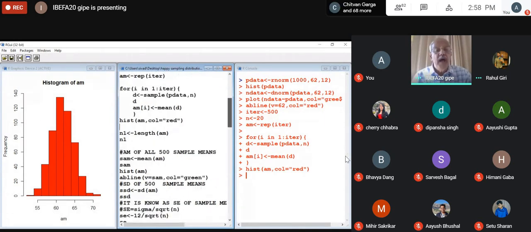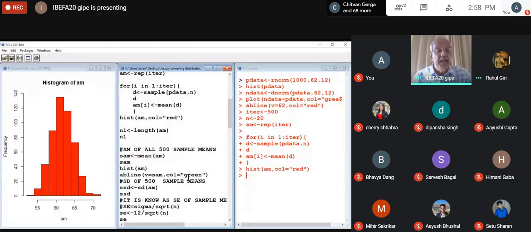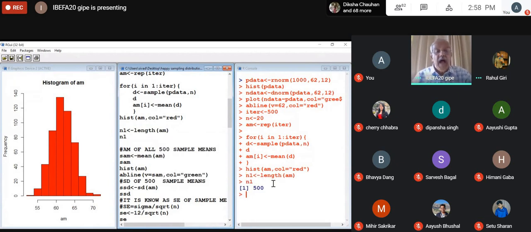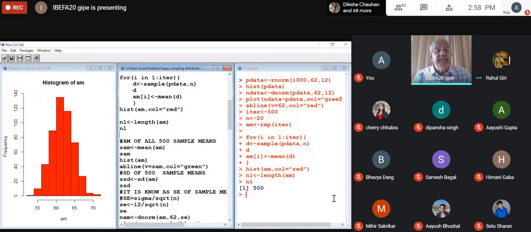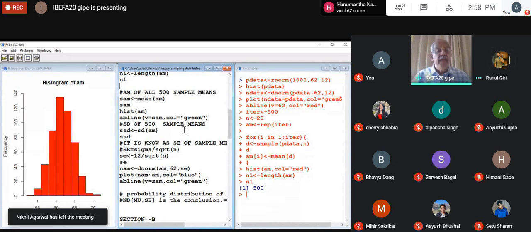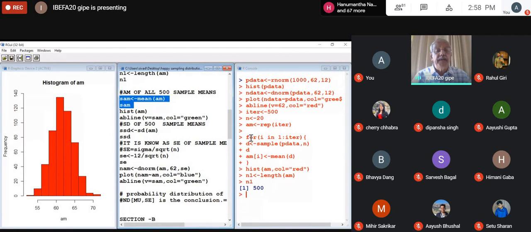Now let us compute something. How many are in the histogram? 500. I have given the title: arithmetic mean of all the 500 sample means. In the usual way, compute the mean of AM and plot it.